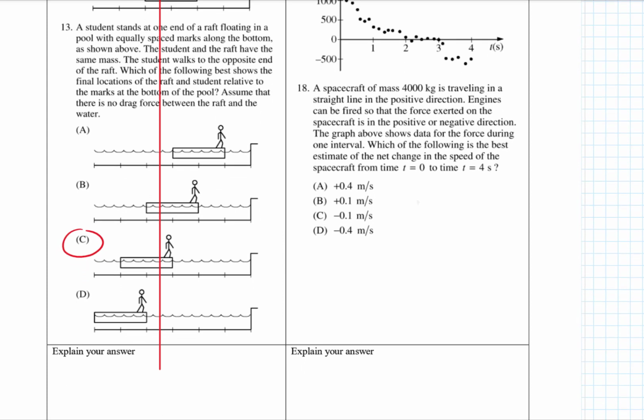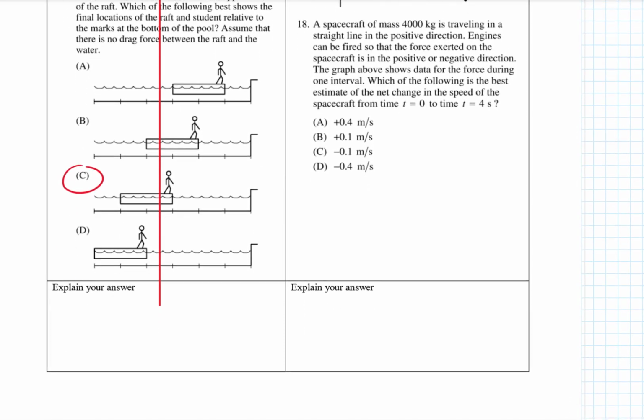So if we want to write down our explanation for the answer to summarize all the things that we've just said, what we're going to say is the net force on the system is zero. The net external force is zero. And so the velocity of the center of mass is initially zero, and it will not change because the net force on the system is zero.